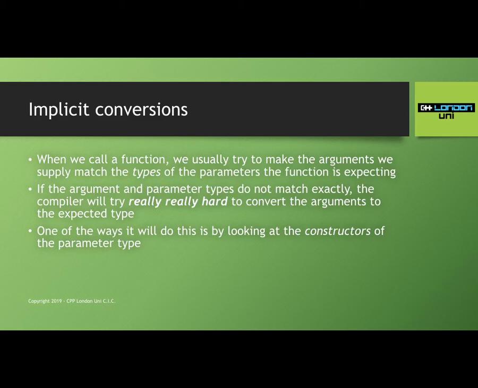But what it really means is that it will look at the constructors of the target type. So you imagine you've got a source type, that's your argument, and you've got a destination type, that's what the function actually accepts. And then it tries to convert from one to the other. And one of the ways it tries to do that is by looking at the constructors of the target type.